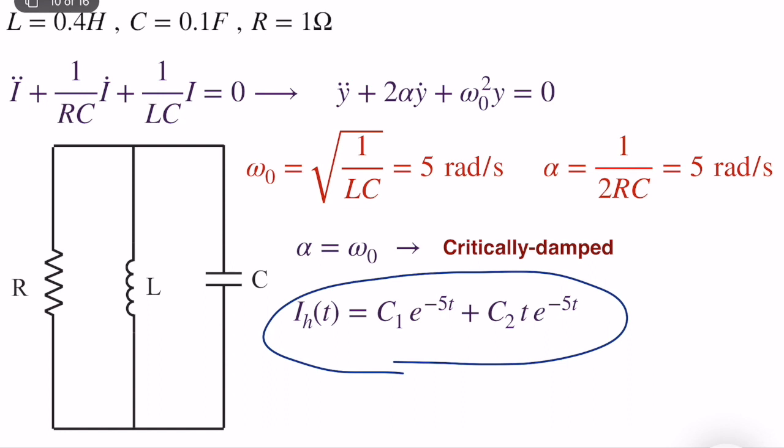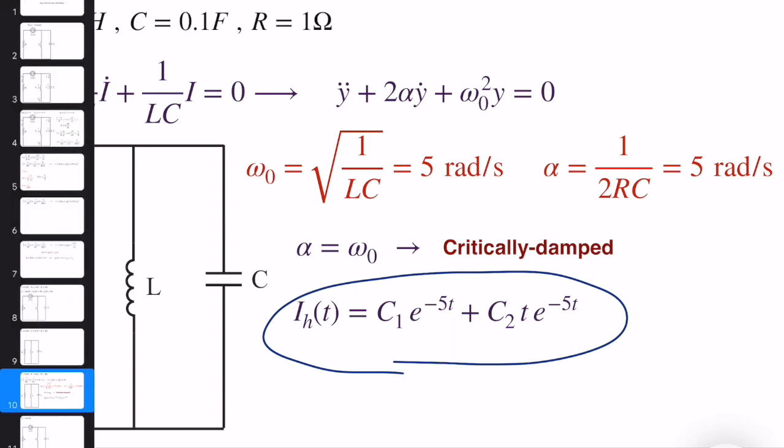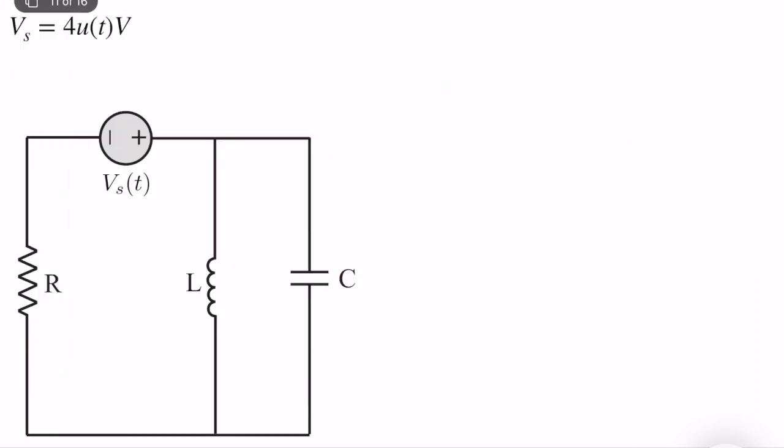We don't know C1 and C2, and we can only compute them when we compute the particular solution and use the initial conditions. Now the goal is finding the particular solution. In the particular solution, we don't need to use the values of the inductance and capacitance, because the capacitor becomes an open circuit and the inductor becomes a short circuit, but of course we may need the resistor value.